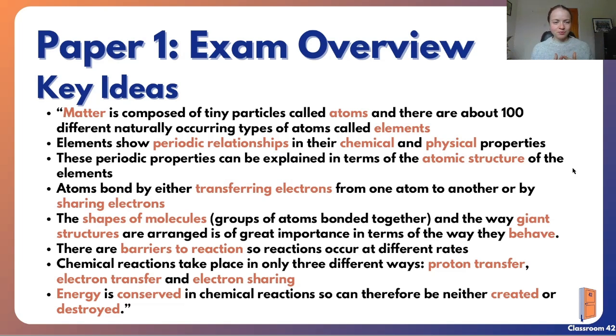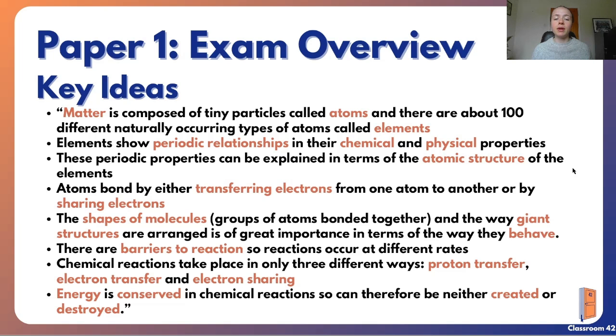The shapes of molecules, so the groups of atoms bonded together, and the way that giant structures are arranged is of great importance in terms of the way that they behave. And when they say they behave, they mean the molecules. There are barriers to reactions, so reactions occur at different rates. So this is linking potentially more to C6 in paper 2, but could still be relevant to some of our topics and required practicals in this paper.